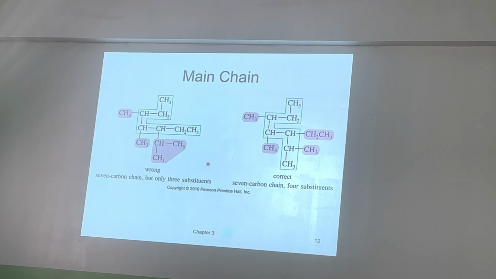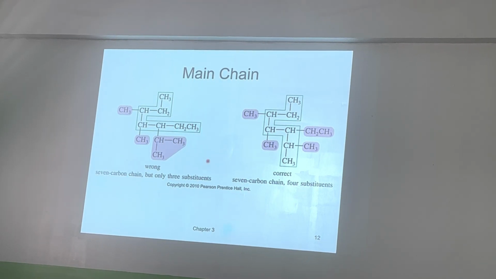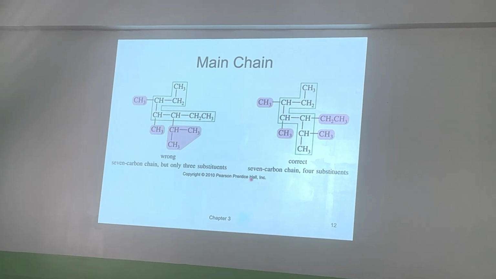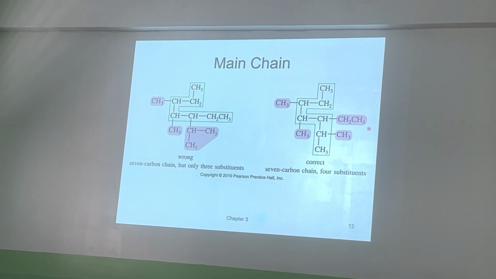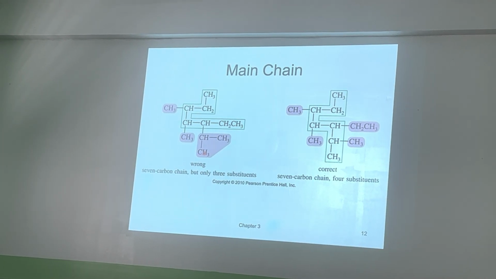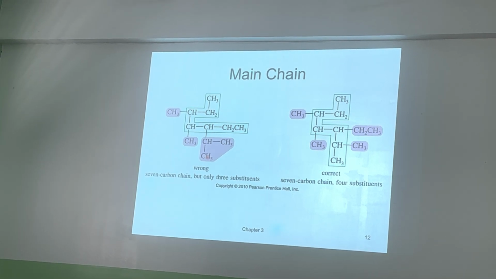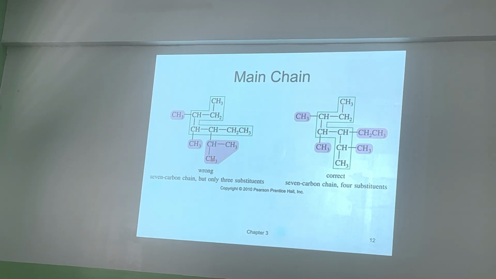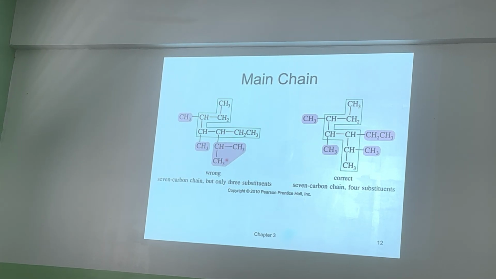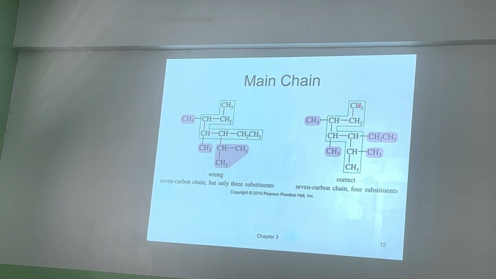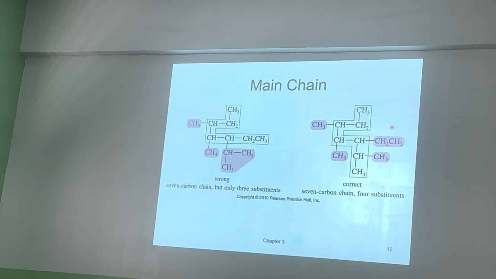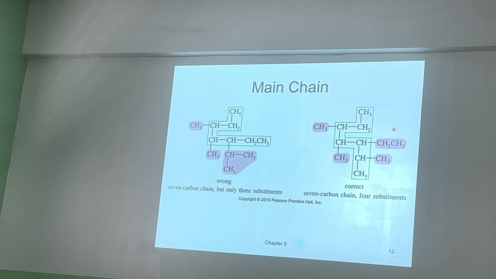The name of this substituent would be isopropyl, 3 carbons and an isobutane. But why go into all of that extra complicated naming when you could have just done 7 carbons this way, and then these groups that are attached, ethyl and methyl groups, are a lot simpler than this, right?